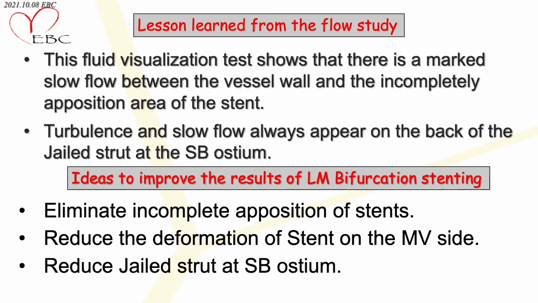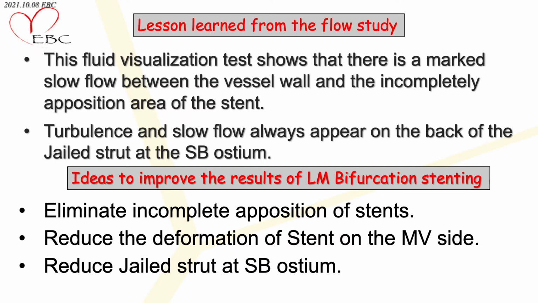This fluid visualization test showed that there is a marked slow flow between the vessel wall and the incomplete stent apposition area, and turbulence and slow flow always appear on the back of the jailed strut at the side branch ostium. So we come up with some requirements.